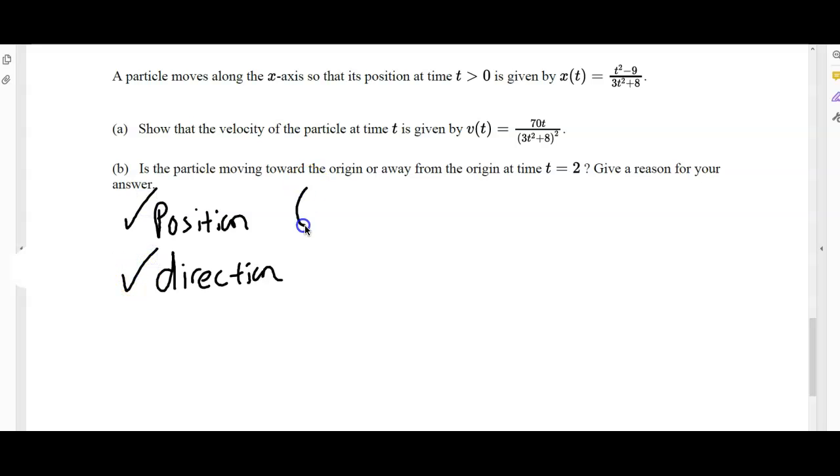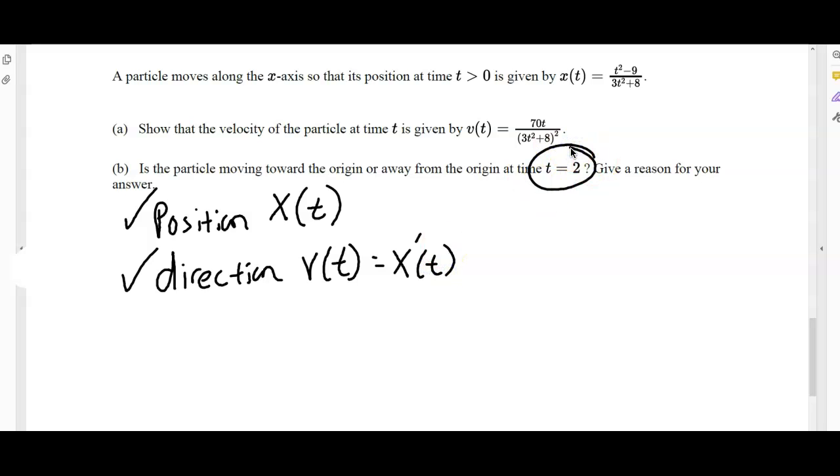So the position can be found by using the position function that they gave us. Direction comes from velocity, which, as you guys know now, is the derivative of the position, right? Now, they want to know what these things are at t equals 2. So I need to find x of 2, and I need to find the velocity at 2. So I'm going to plug in 2 for these.